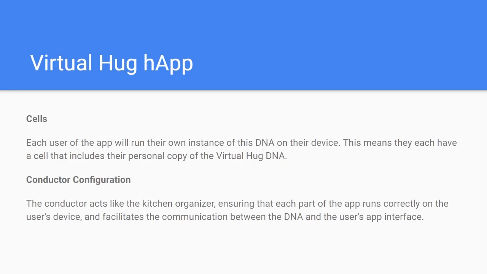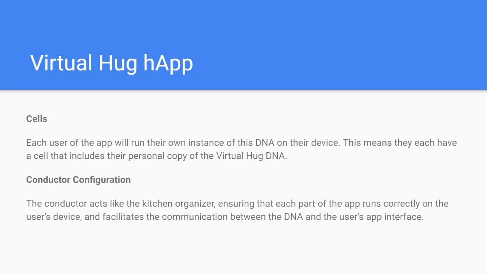A cell has the DNA and zomes within it. So the cell is like an instance of the app running for a user, right? Exactly. You have multiple users, multiple instances, multiple cells. That would be the technical term: an instance.